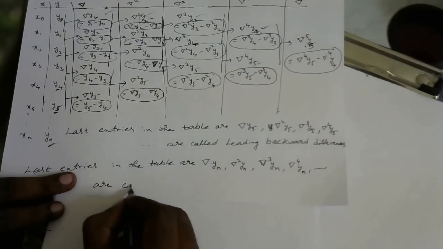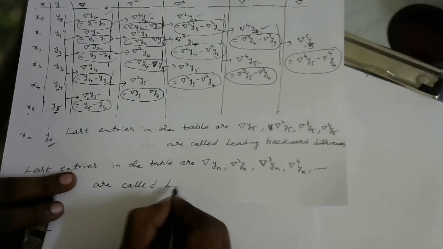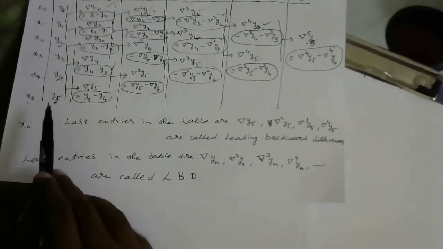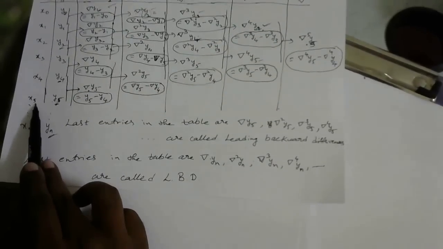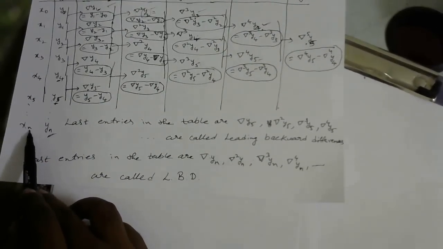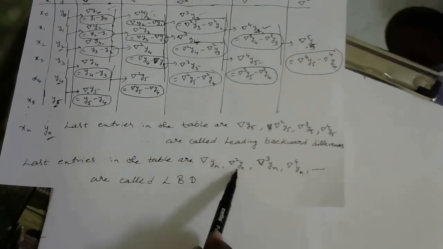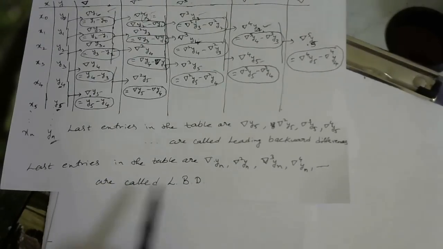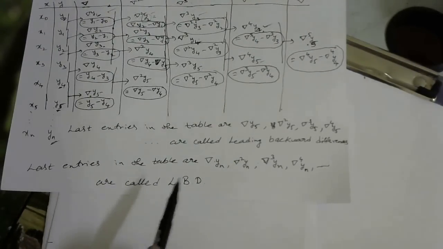These are called leading backward differences. Remember that one. So here I am taking only up to x to the power of i. If you take up to x to the power of n, these are the last entries, the leading backward differences.